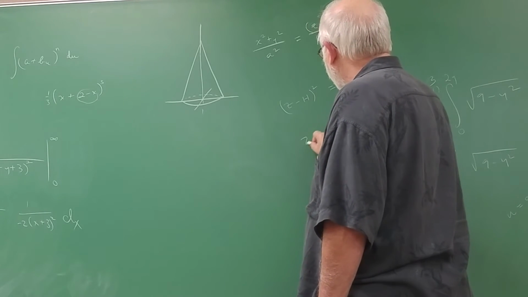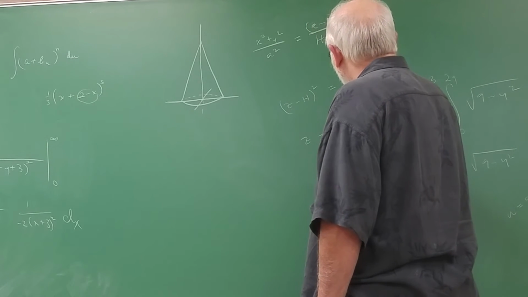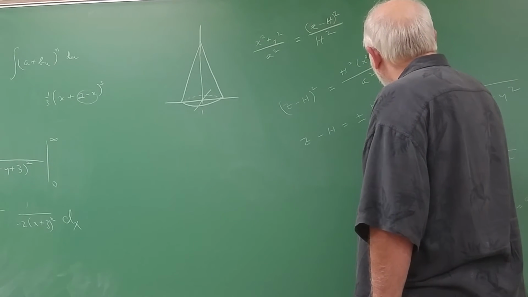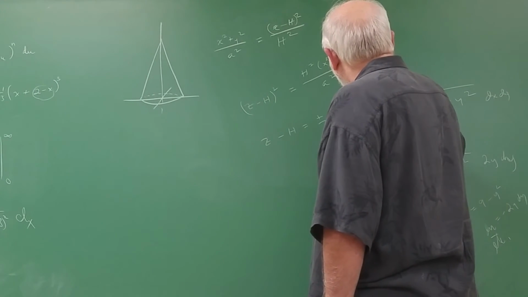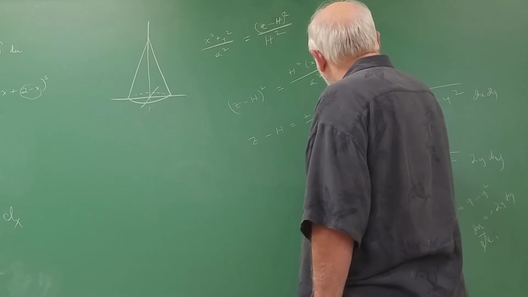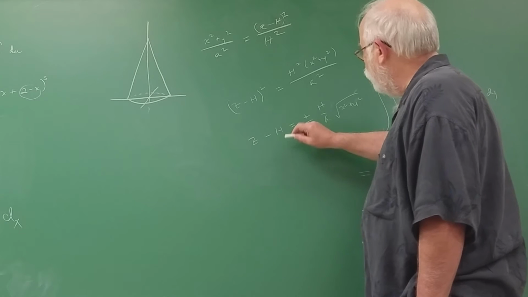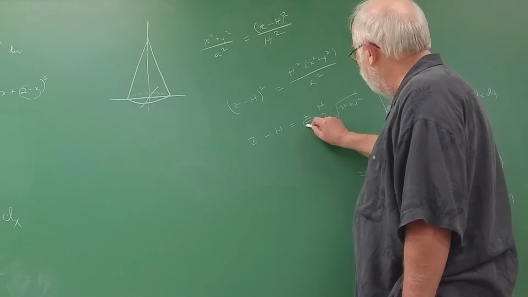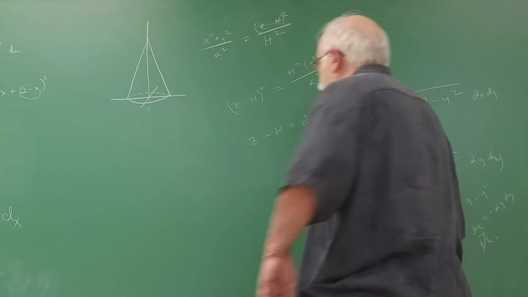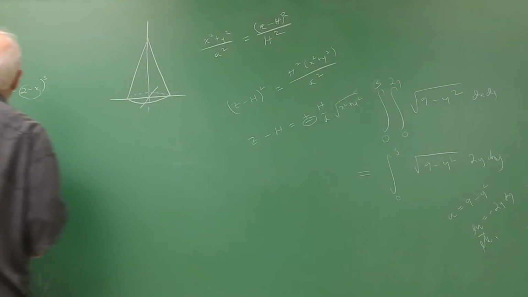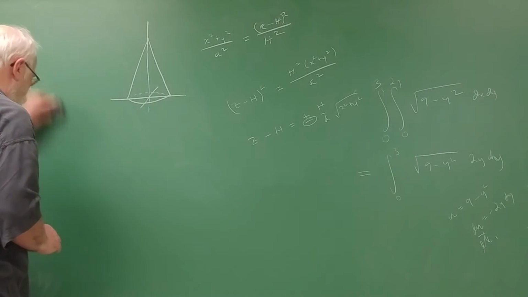So then we got z minus h equals plus or minus h over a times the square root here. And when I move the h across, this is the way we had to choose the minus. Anyway, that's sort of a quick review of what we've done before.